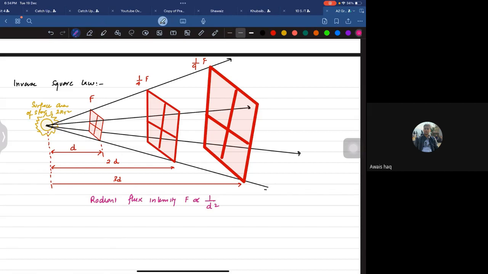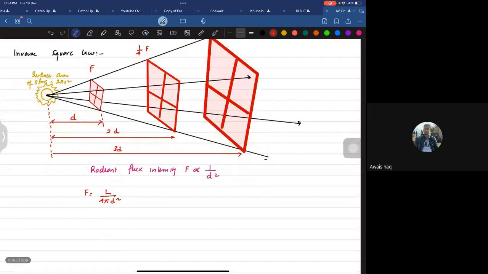Now, for this formula to work, which is F equals luminosity over 4 pi d square, the luminosity of a star is constant and 4 pi is also a constant. Just remember there are some assumptions to be made. The assumptions are as such. Number one, the power of the star radiates uniformly through space.